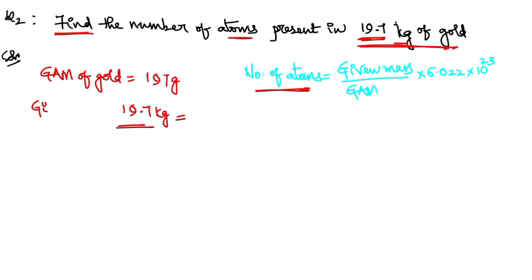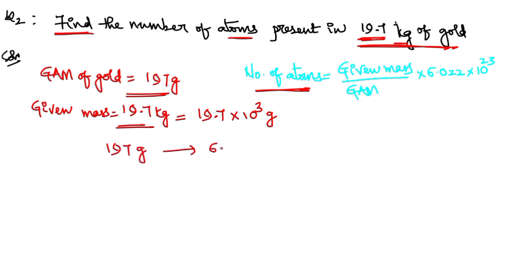This is given mass, and this should be converted to grams. So it is 19.7 kg, kilogram, kilo means 10 power 3 grams. You know well that 197 grams of gold contain 6.022 into 10 power 23 atoms.